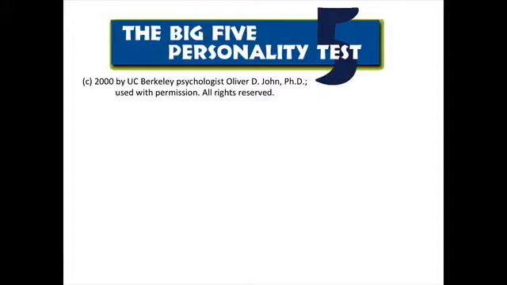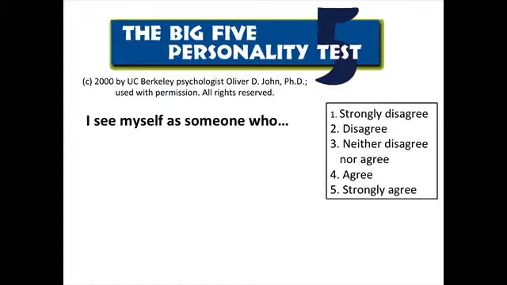On the inventory, they asked the respondent to consider the statement, "I see myself as someone who," and then to respond to each of 46 different descriptors, indicating on a 5-point scale from strongly agree to strongly disagree how well the descriptor reflects the respondent's own traits.